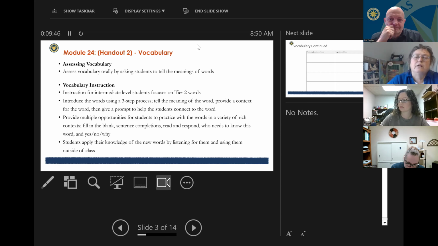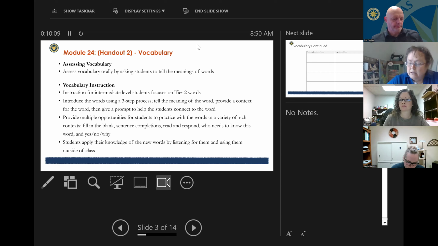Or how would a veterinarian need to know these words? And that way, you can also be connected to your career pathways by having them do that activity. Plus, it encodes writing into your vocabulary instruction, which is also always nice.